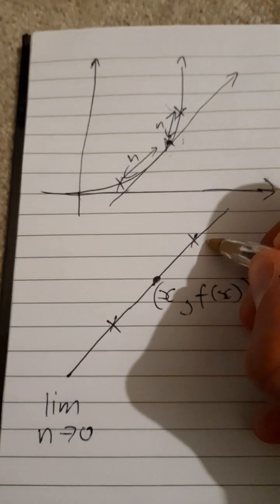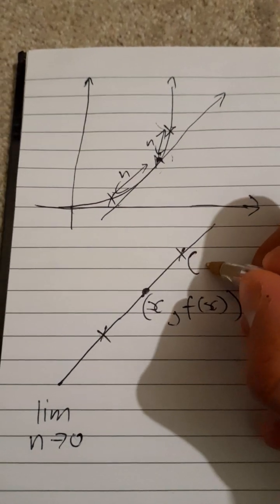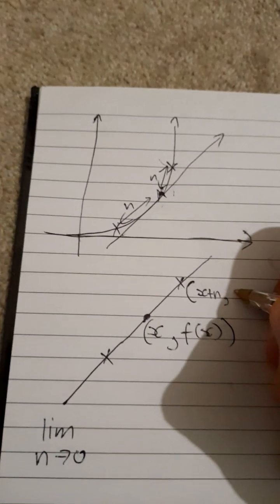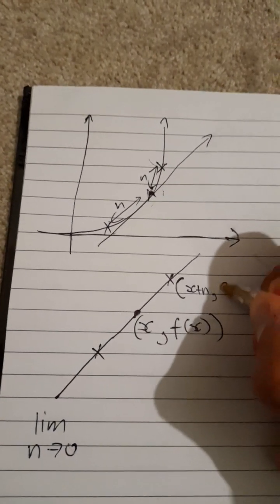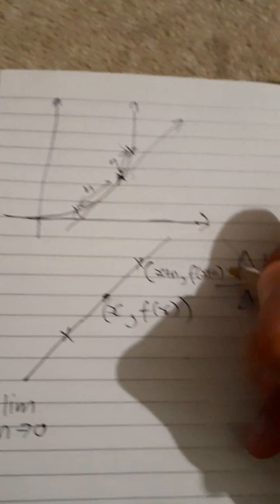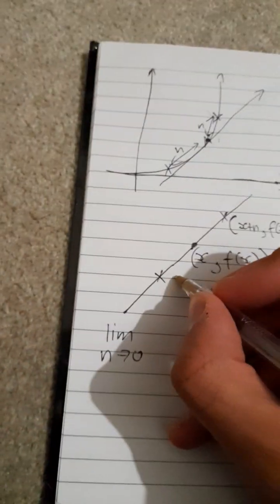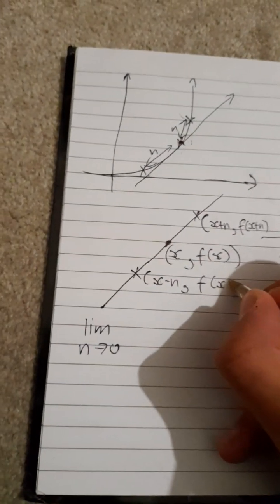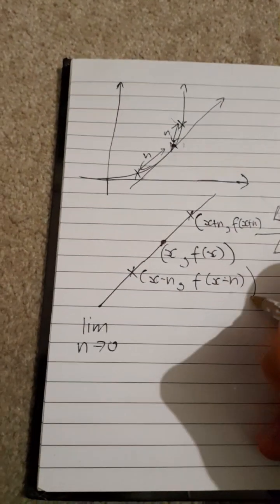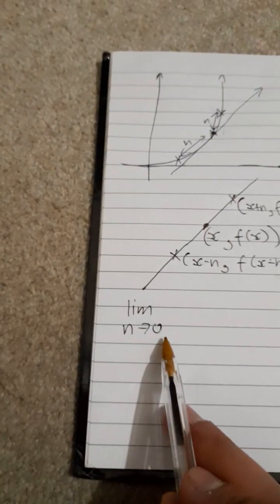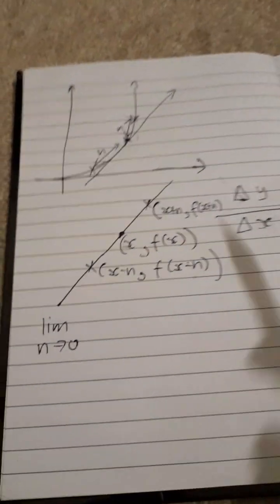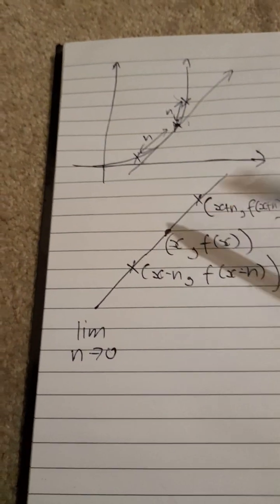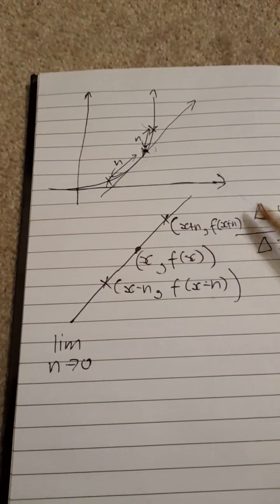So let's call this point x plus n, f of x plus n, and this point is going to be x minus n, f of x minus n, and that's all going to be on the limit of n approaching 0, okay? Because we want n to be as close as possible to that point, and we're going to work out the difference.